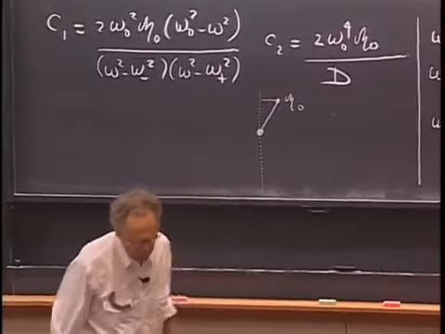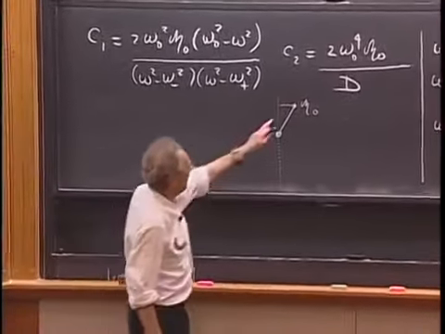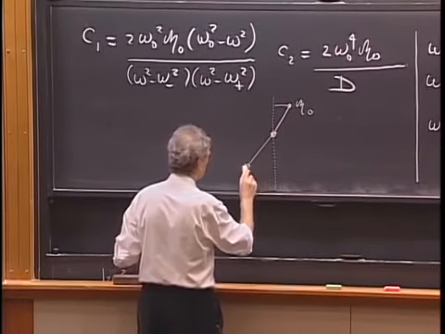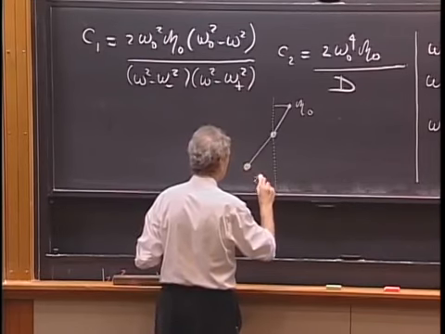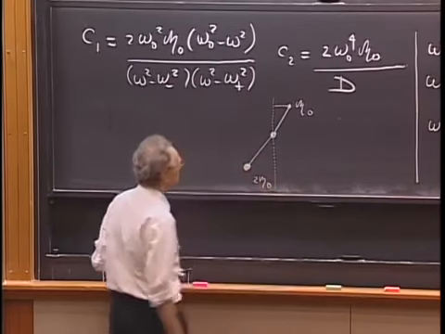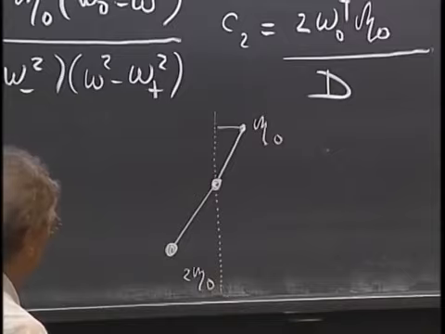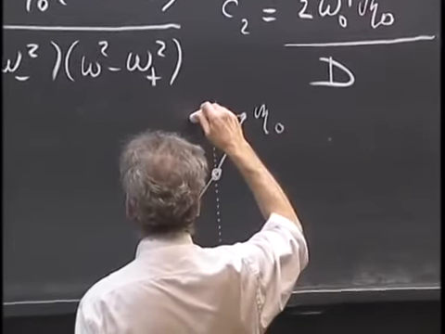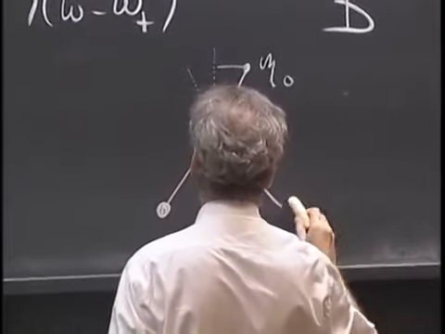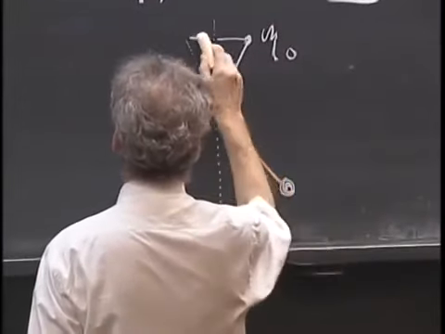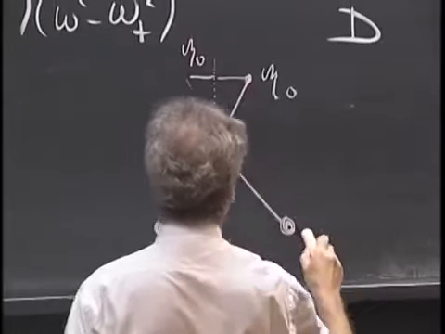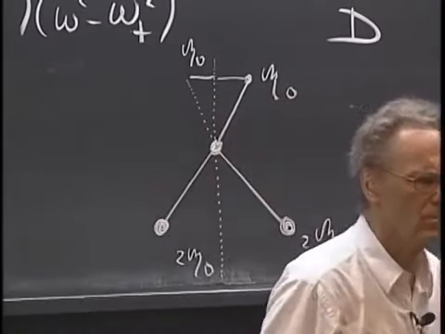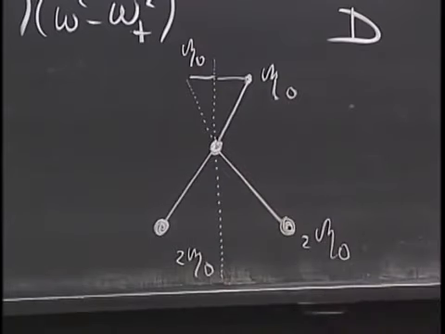But number 2 will have an amplitude which is twice eta 0, but it's on the other side. So this is 2 eta 0. And then, if you look half a period later, it will look like this. So this is eta 0, and then this is 2 eta 0. And this one doesn't move. That's what it tells you.